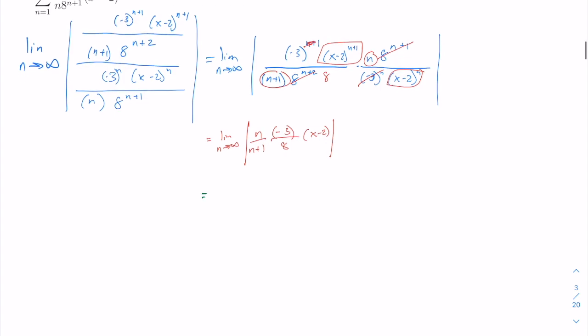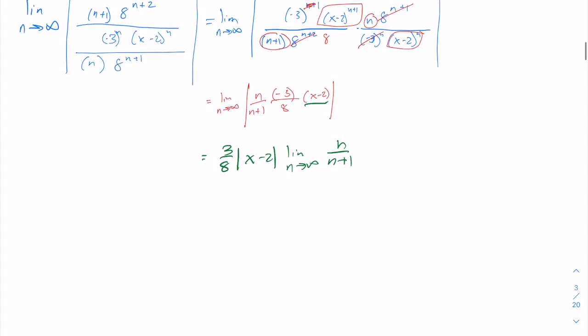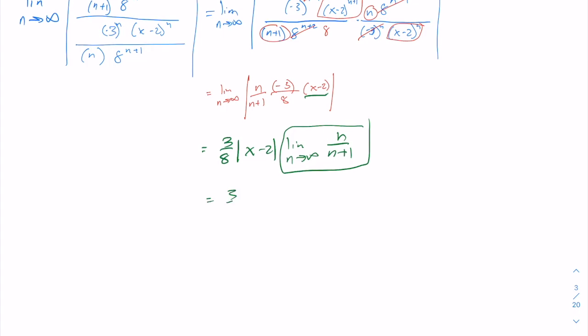So that's going to be positive 3/8, absolute value of x minus 2, right? There's only one of them, and it's got these absolute value bars on it. And then this is times the limit as n goes to infinity of n over n plus 1. And now I've got a limit that I can do. This limit is 1. So that whole thing is 3/8 times the absolute value of x minus 2, times 1.